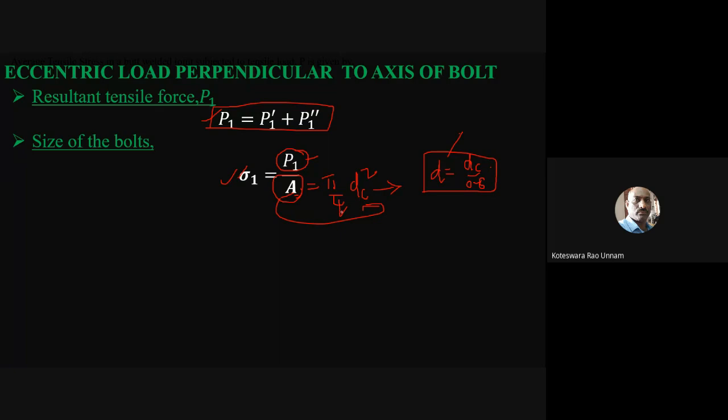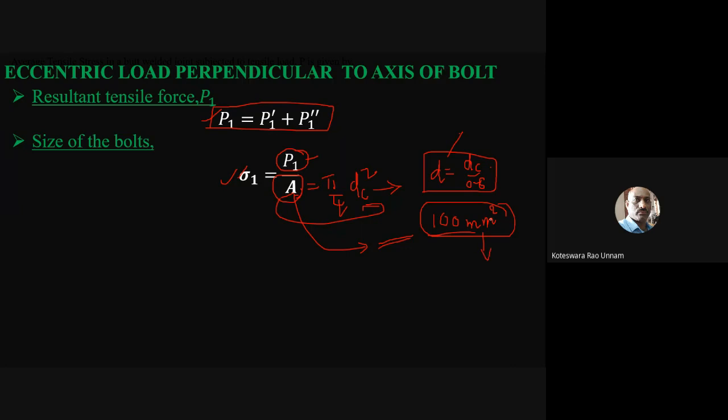Or else the other way is, first we calculate only the area. Then based on this area also you can pick the standard diameter from the data book. Let us say by solving this equation I got the value for A as 100 mm square. Now I'll open the data book and take the last column of table 8.2 or 8.3, I think. In the table you have to pick the area which is 100 or more than 100.